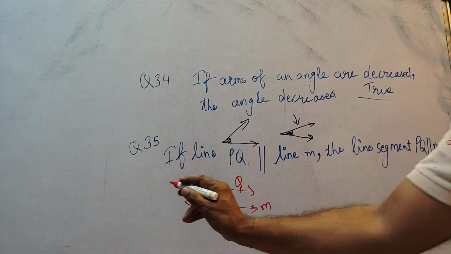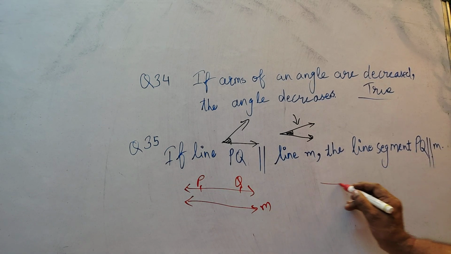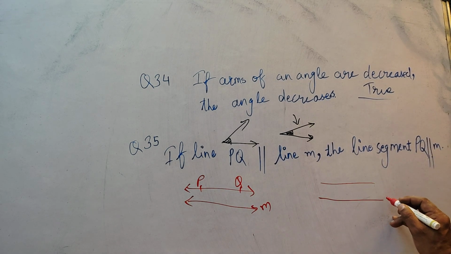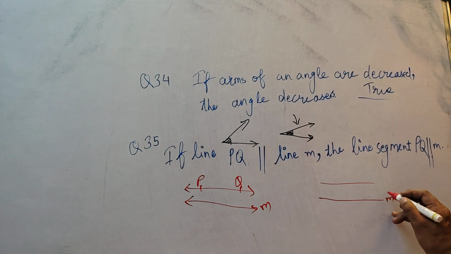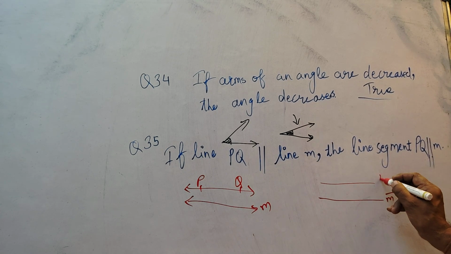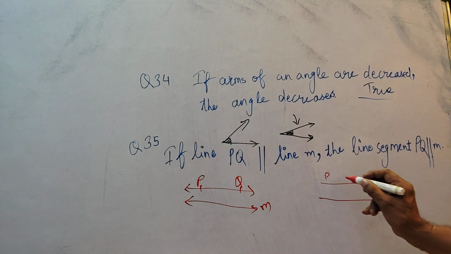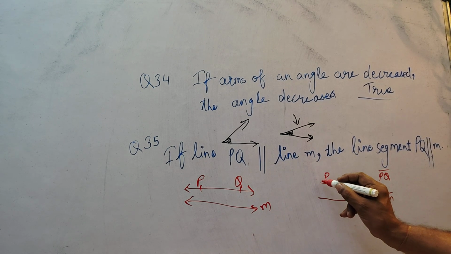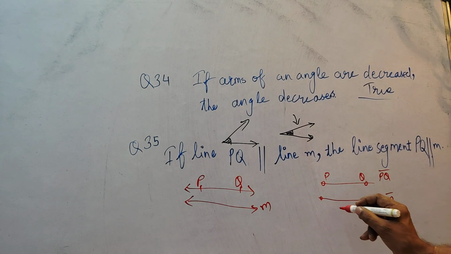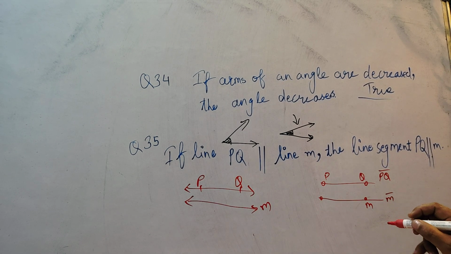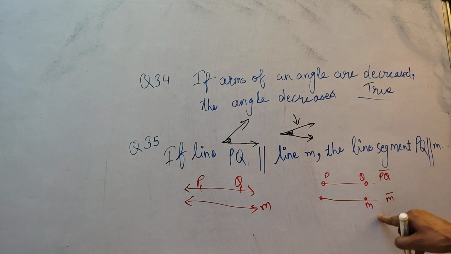This is the given. If we take only a part of the line, that means a line segment. So suppose line segment PQ is there, and line segment M is there. Are they parallel or not?